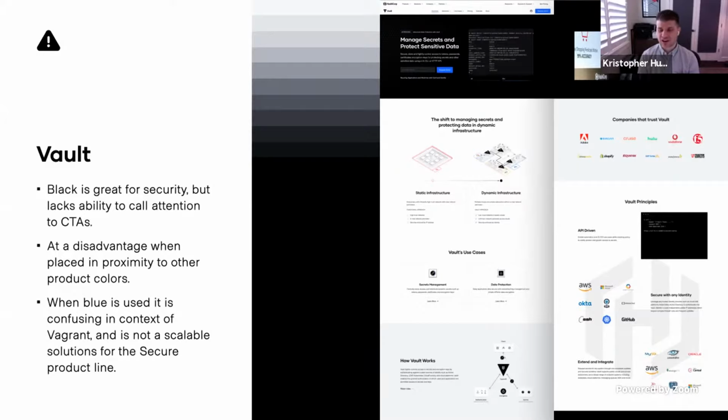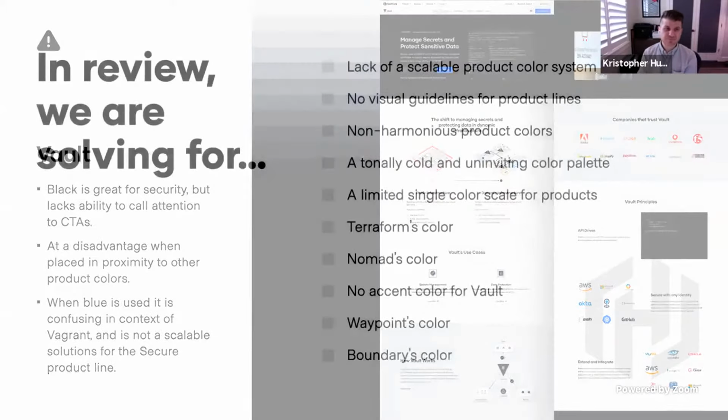Everything from a hierarchy standpoint feels the same, except for perhaps partner logos, which is the one thing that stands out on a lot of our Vault materials. It's also at a disadvantage when placed next to other products when they're all other colors, and then Vault's just black or gray. It always feels a little off. And so those are some challenges with Vault that were like, okay, maybe we can take a look at this too at the same time.